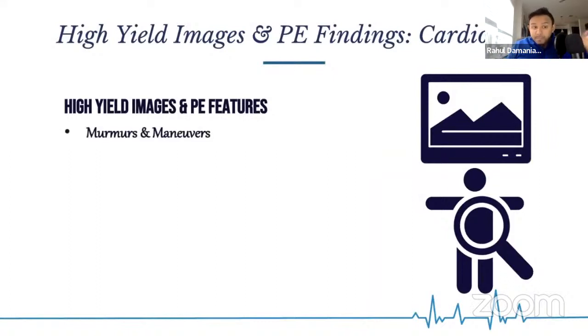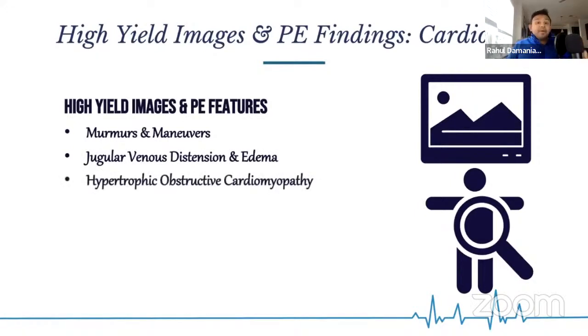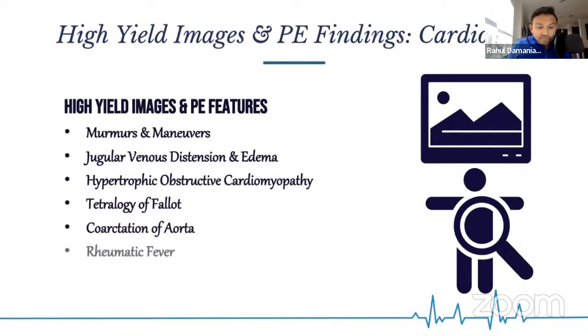We're going to be covering maneuvers and murmurs, specifically what makes murmurs louder and softer. We're going to be talking a little bit about heart failure and going through JVD as well as mechanisms of edema. We're going to be talking about structural heart issues such as hypertrophic obstructive cardiomyopathy, Tetralogy of Fallot. We're going to be looking at the radiographic findings related to coarctation of the aorta.